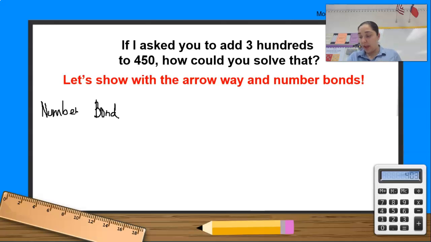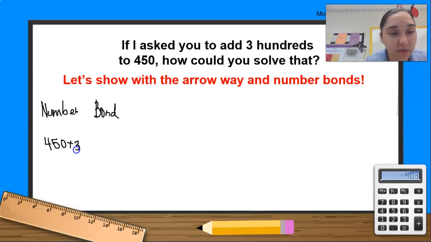using the arrow way as we did the lesson before, but I can also break apart. So I have 450 plus 300. What I can do is break apart the number 450 by hundreds and tens.